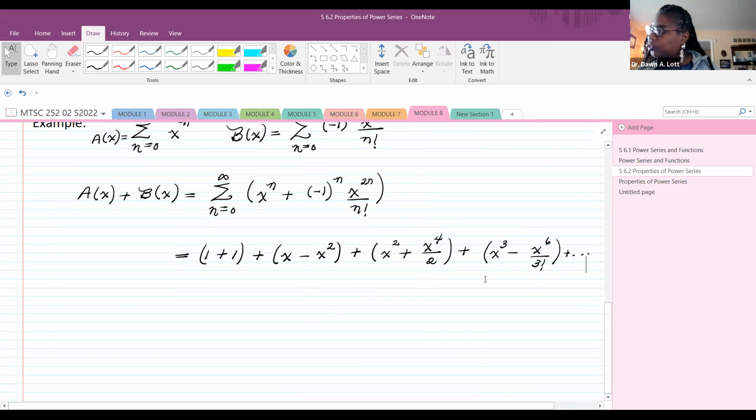Okay, so as you can see, we'll be able to combine terms in the end. So it will also be a power series of x powers. Okay, any questions about that?